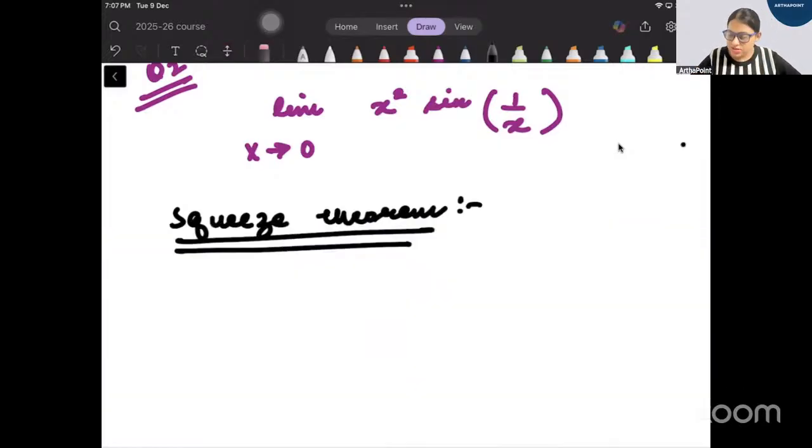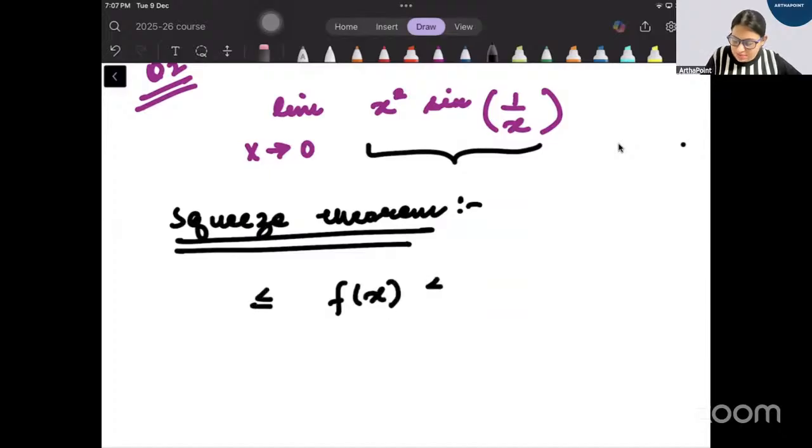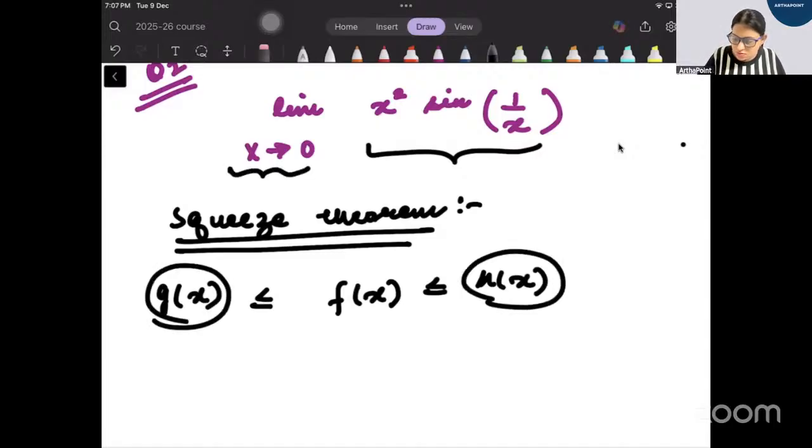Squeeze theorem says that whatever function is given to me, if it is bounded between two functions, and when I apply limit on these functions, I get the same answer.